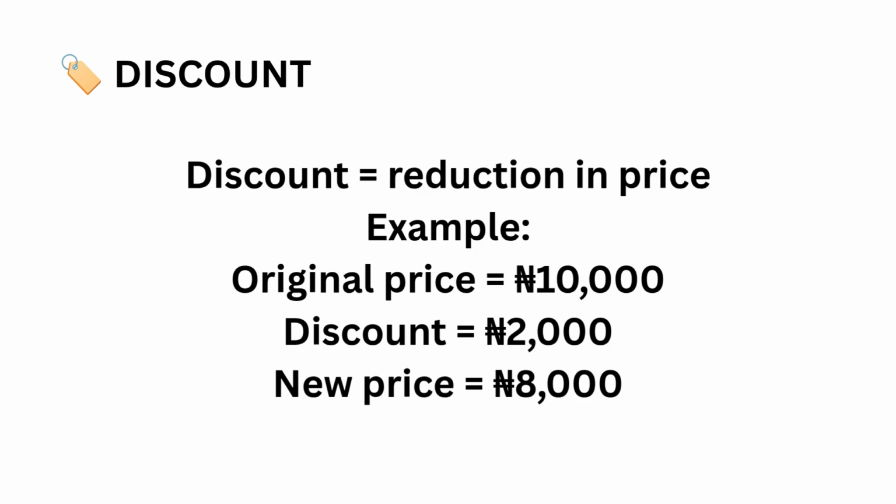Now let's introduce discount. A discount is a reduction in the price of something. For example, if a bag normally costs 10,000 naira and the shop reduces the price by 2,000 naira, maybe because of promotion or any other thing, the new price is 8,000 naira.